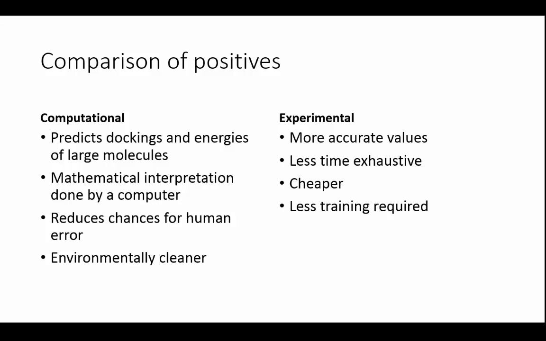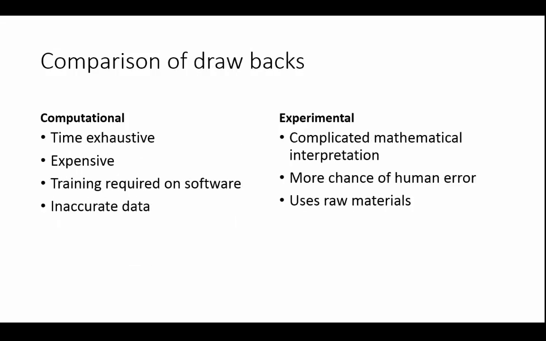They are less time exhaustive than computational methods that can take hours or days to complete, and it is cheaper to do the experiments with less training required, as anyone can load a sample into the instrument, you would hope. Contrastly, computational methods are time exhaustive, expensive, and require training on how to use the software.